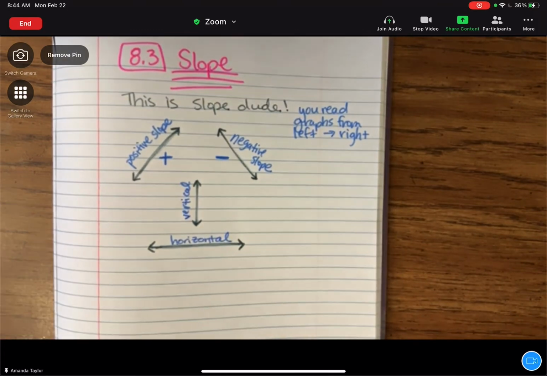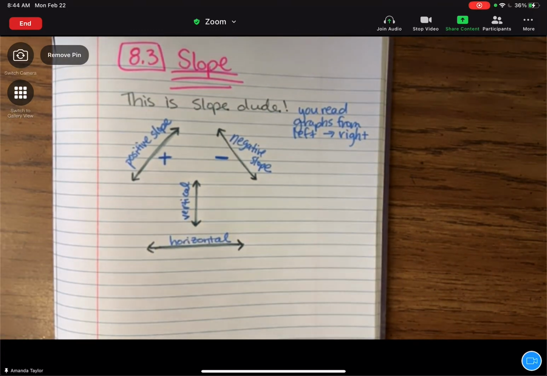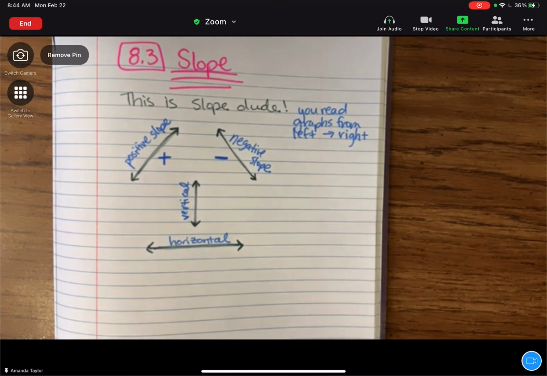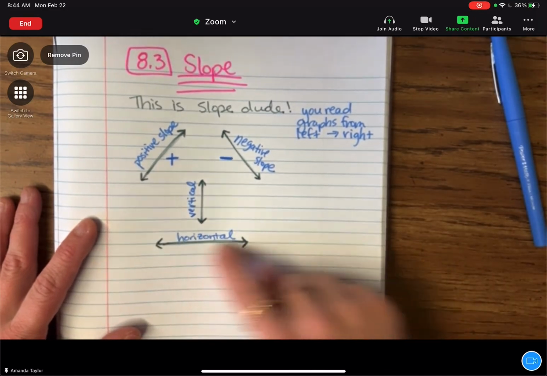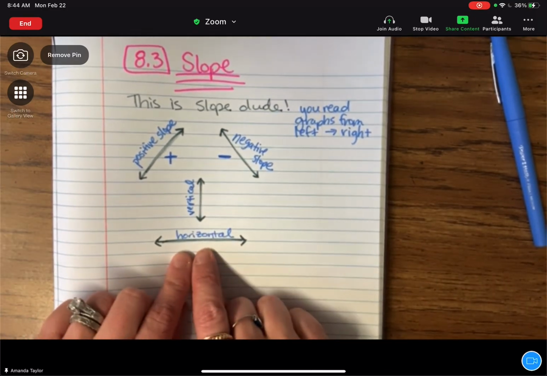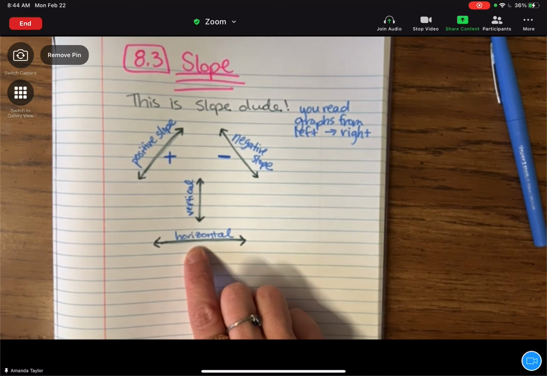Vertical, horizontal. These are the two that I notice a lot of people get mixed up, because it's not as easy as going up is positive and going down is negative. These have particular names.